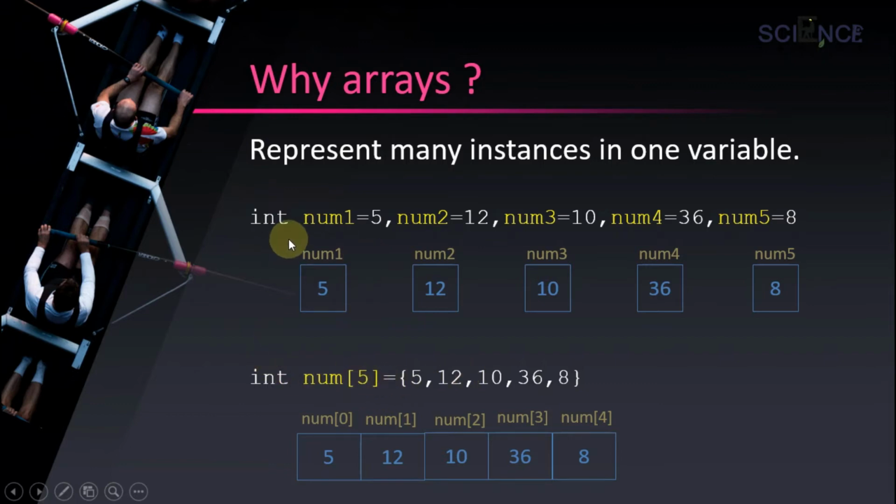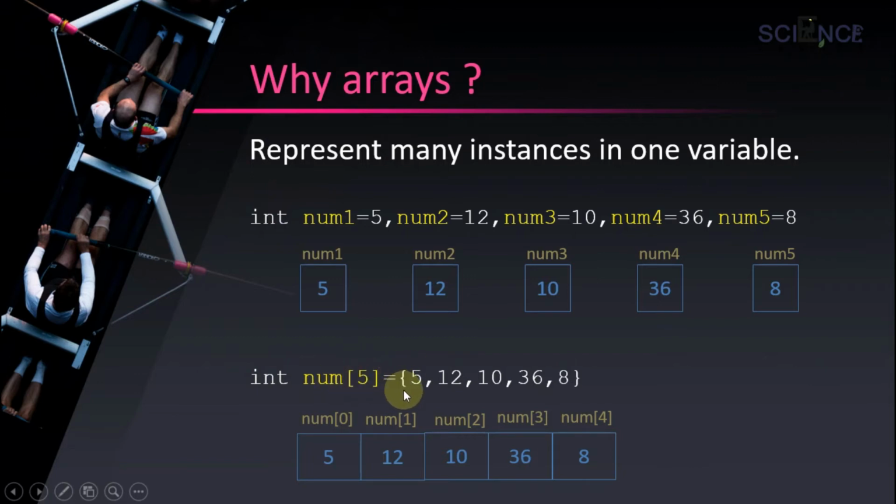If we need to create 5 variables, then we can have an array whose size is 5, right? So the data type of the array is integer, my array name is num and my array size is 5.